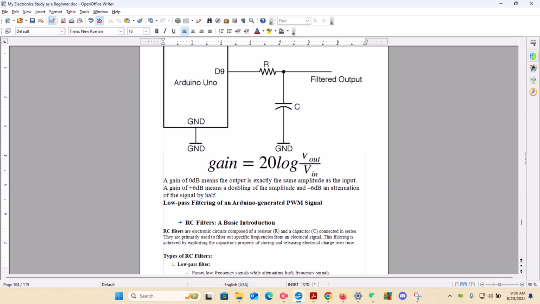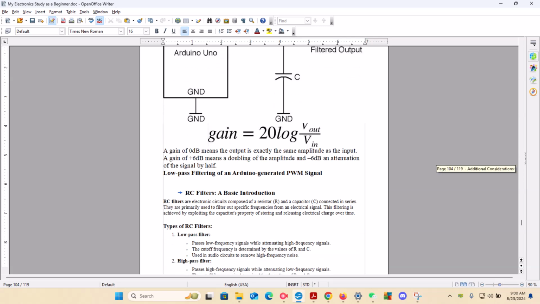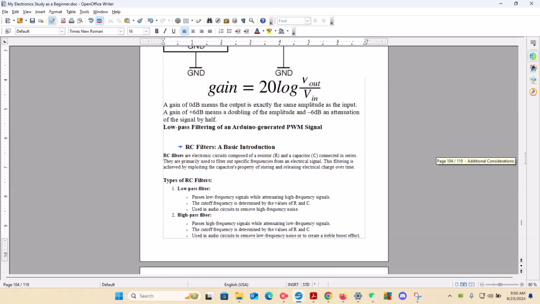So when we talk about low pass filtering of an Arduino generated PWM signal, what we need to consider is the RC filters. Let me give you an introduction of what that is.